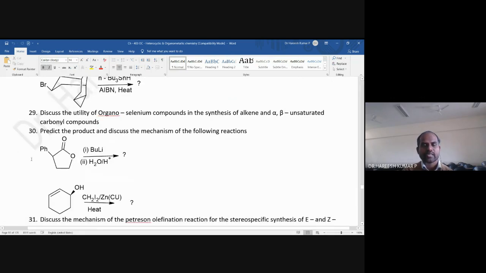Okay, and then the next one. Predict the product and discuss the mechanism of the following. Butyl lithium. So this question is related to organolithium compound. What will happen? I think you are aware about this proton.